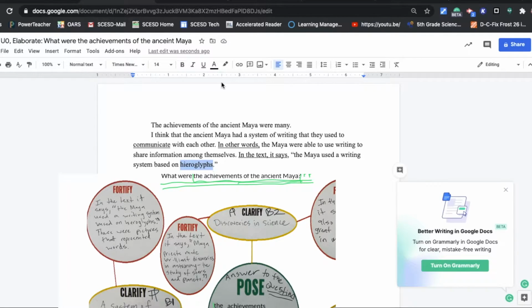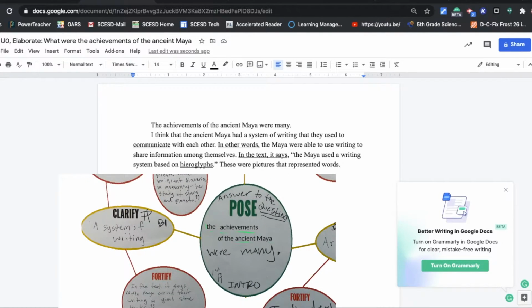That's domain-specific. Okay, so I'm going to underline that. And so in our statement here, we kind of clarified what that was by defining it. So after that we said these were pictures that represented words. So we kind of clarified that a bit within our fortification.